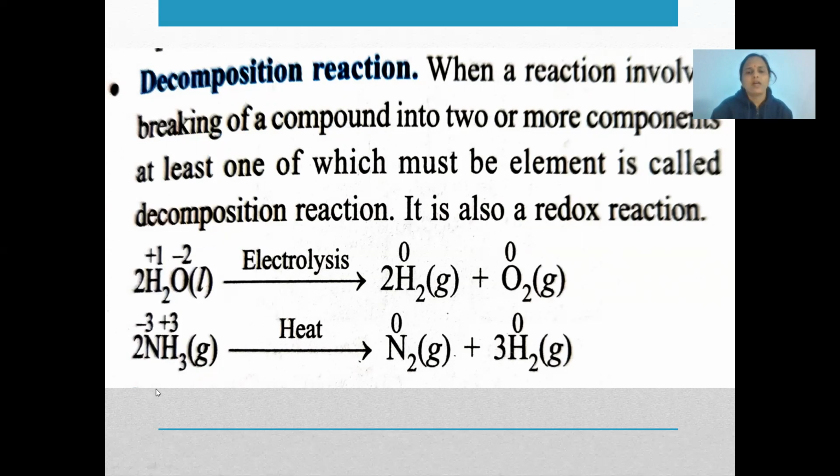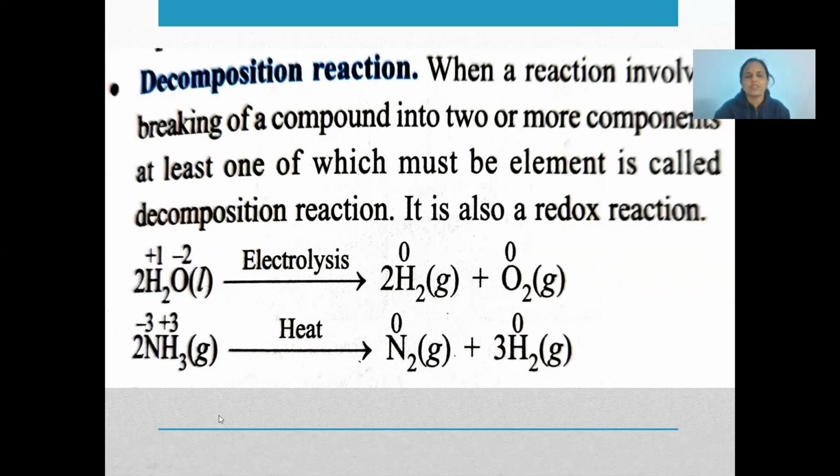Another example, ammonia undergoes decomposition reaction and it results in the formation of nitrogen plus hydrogen. 2NH3 gives N2 plus 3H2, in which nitrogen goes from -3 state to 0 state, undergoing oxidation, and hydrogen goes from +1 state to 0 state, undergoing reduction.